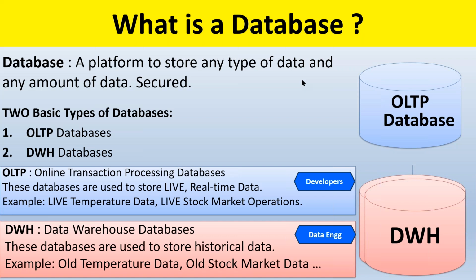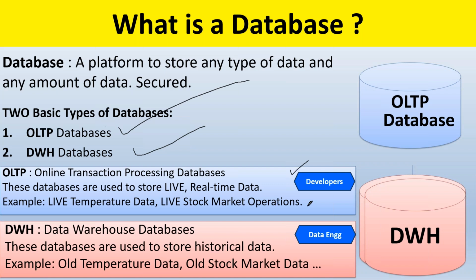There are two basic types of databases. Number one, OLTP database. Number two, data warehouse database. OLTP, online transaction processing database, stores live real-time data. Fabric developers will be involved in the design and development of OLTP.